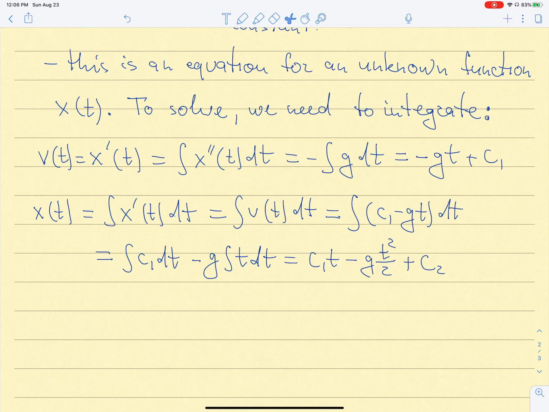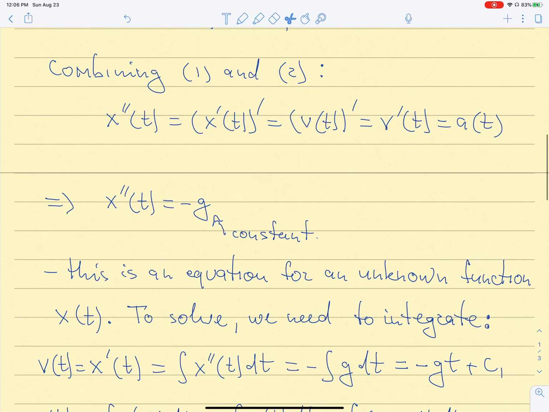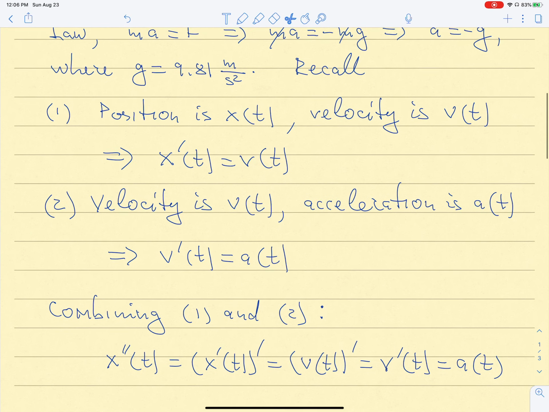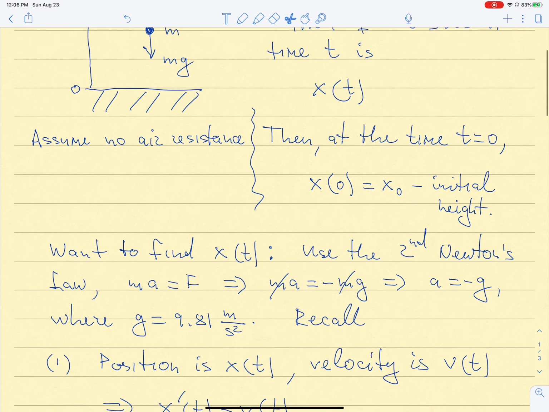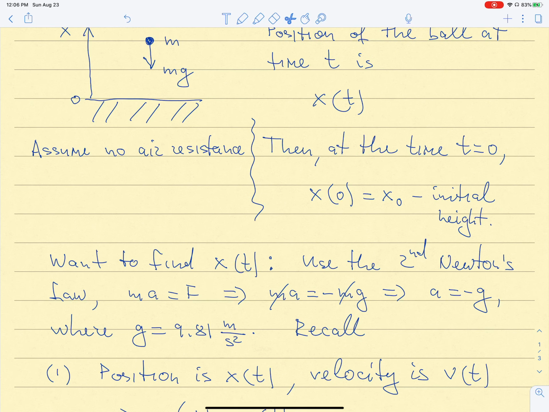And there are some things that we have not used yet, right? Because one more thing that we know is not only that x double prime of t is equal to minus g, or that a is equal to minus g, but we also know that at the time 0, the ball is above the ground by x0 meters, right?